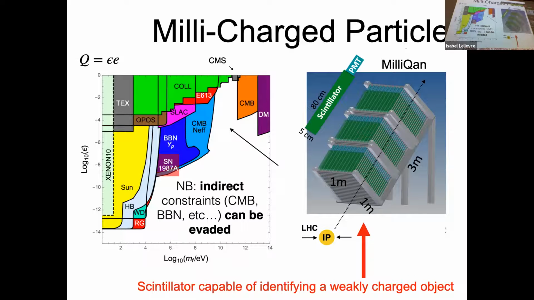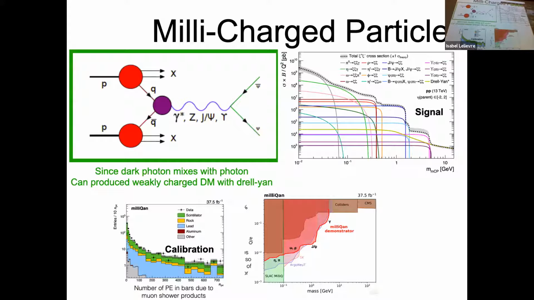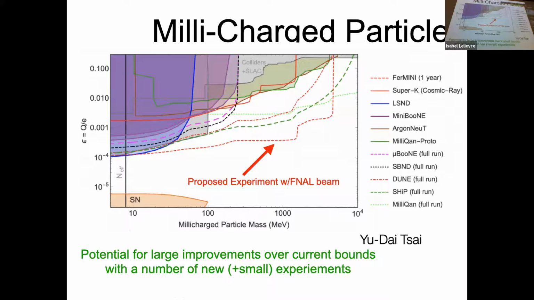The idea is that once you put it in a tunnel, it's far enough away from the collisions that all the other particles are going to disappear, and you're just going to get millicharged particles. Now there are plans to make even more millicharged particle searches. So here's a list of bounds.